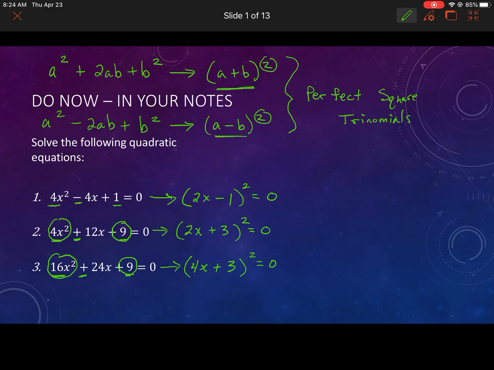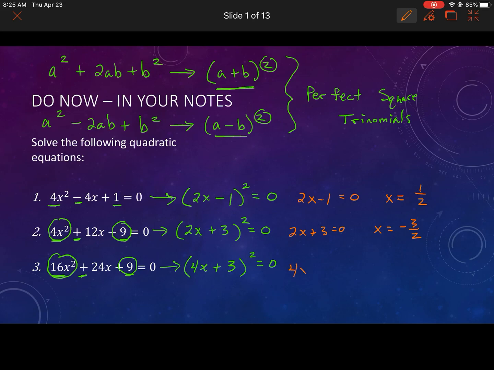Now, if I use that zero product property and set the factor to 0, like we have here, then that means my solution, if I add 1 and divide by 2, is going to be 1/2. For the second one, it would just be 2x plus 3 equals 0. So my solution after I subtract 3 and divide by 2 is going to be negative 3 over 2.